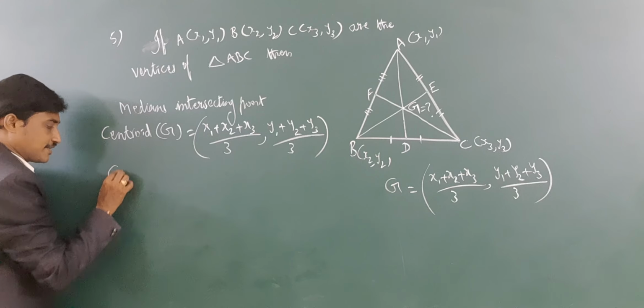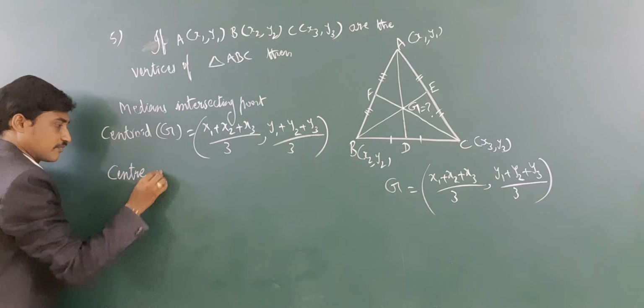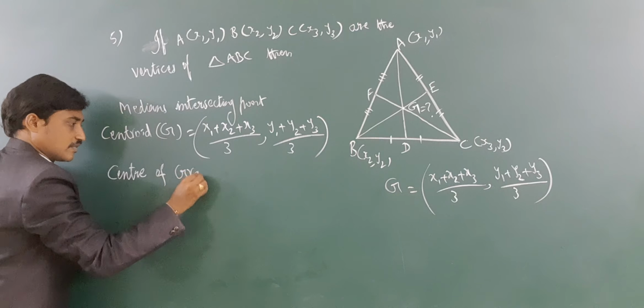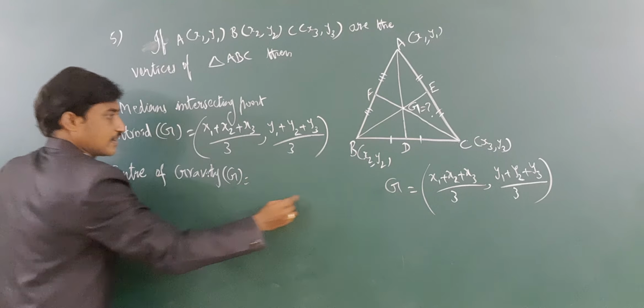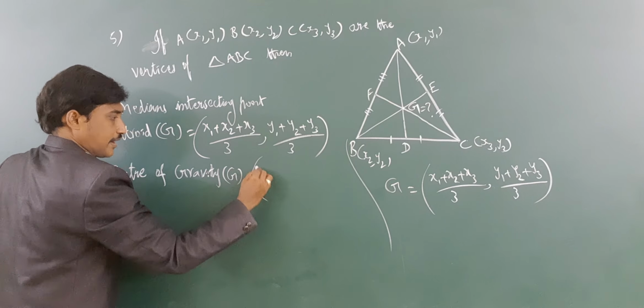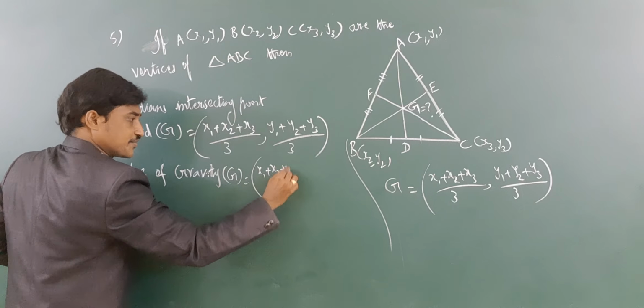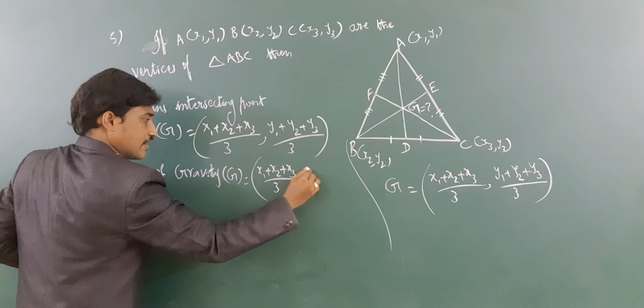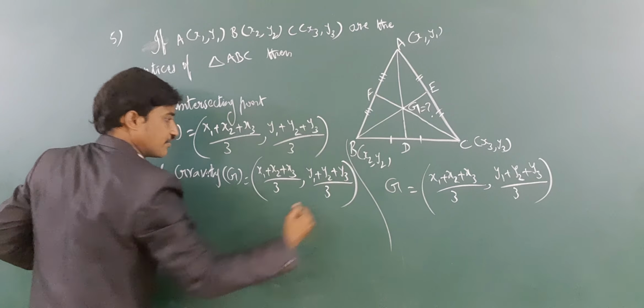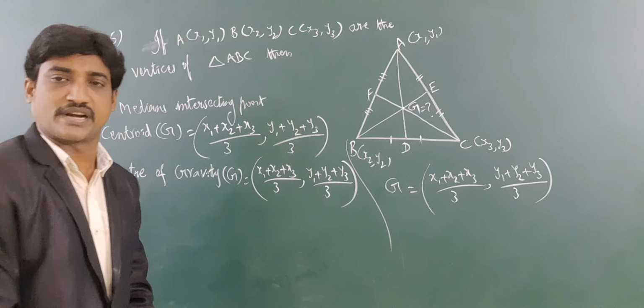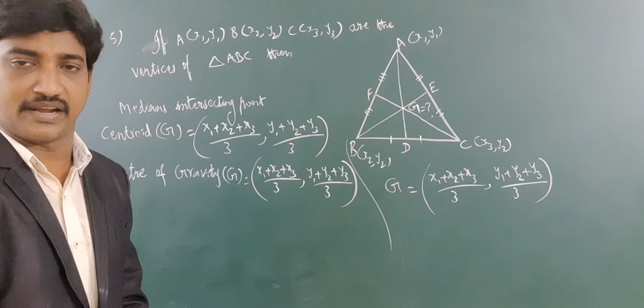Centroid is also called the center of gravity. Center of gravity Z formula: the ordered pair x1 plus x2 plus x3 by 3 and y1 plus y2 plus y3 by 3 is the formula to find the centroid of a given triangle.